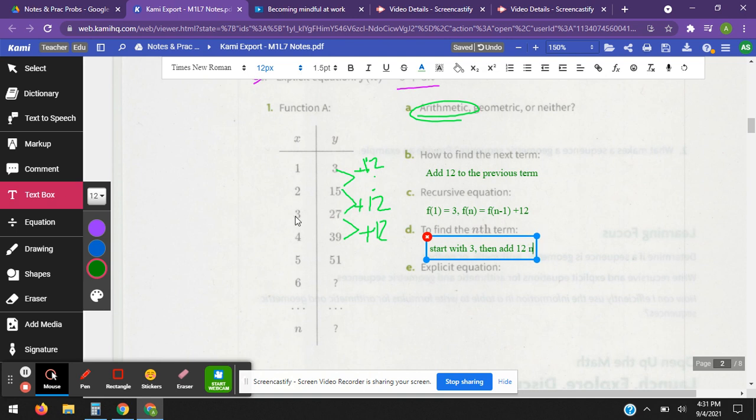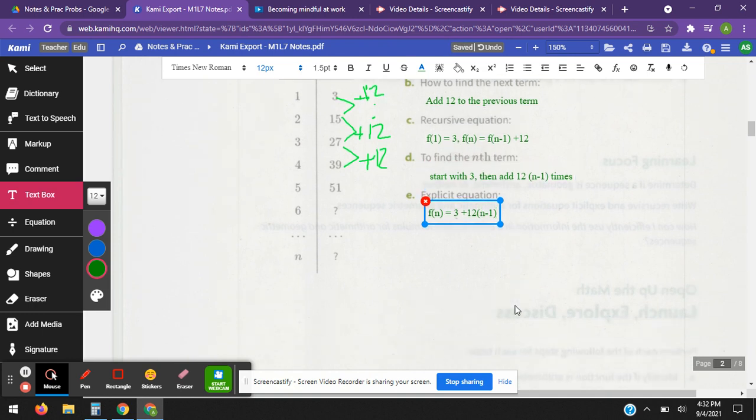So that's an n minus 1 times, right? Starting with the first one, I don't need a 12 to get this first one. I need the 12 to get the second one, so I'm 1 off, which means my explicit equation is f of n equals 3 plus 12 times n minus 1. So it's basically what we wrote there in equation form without all the words.